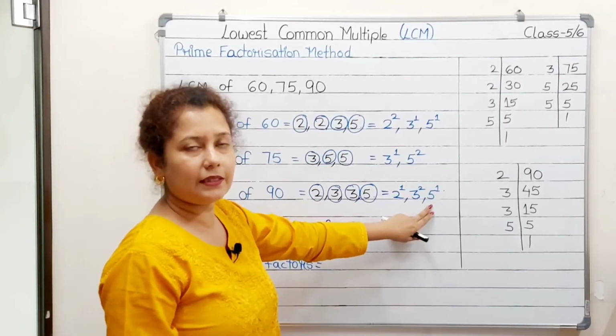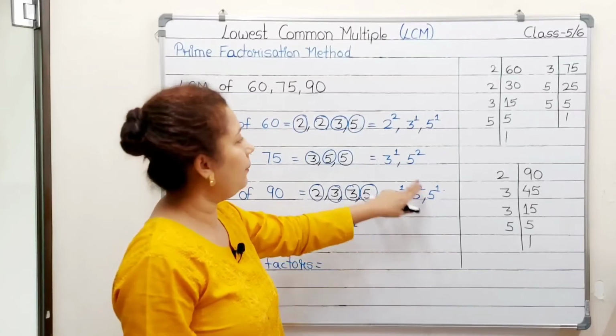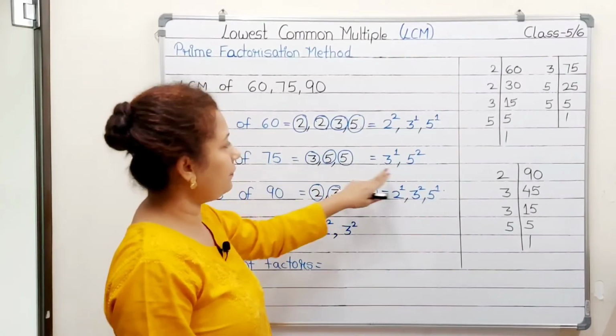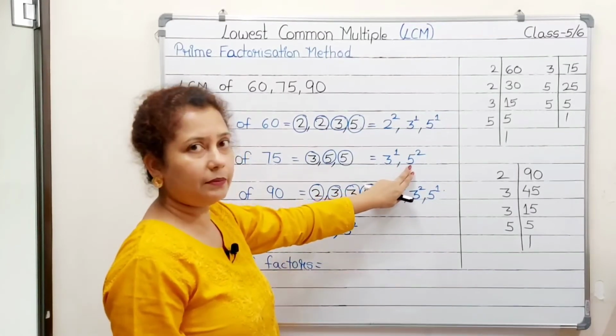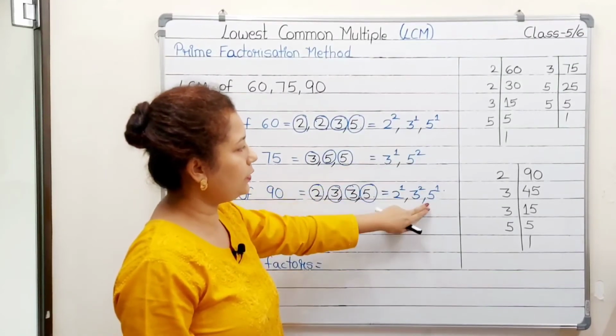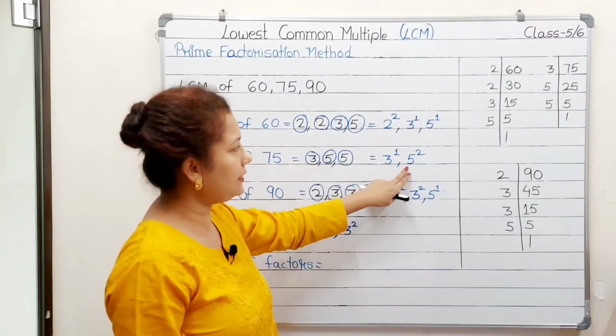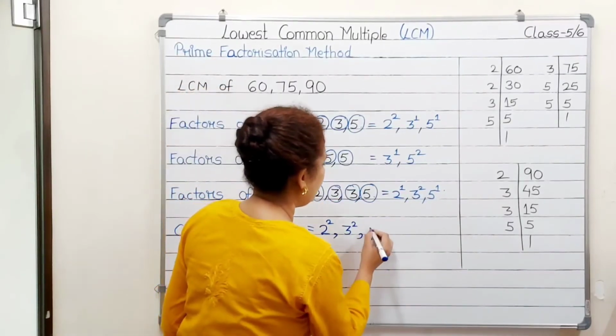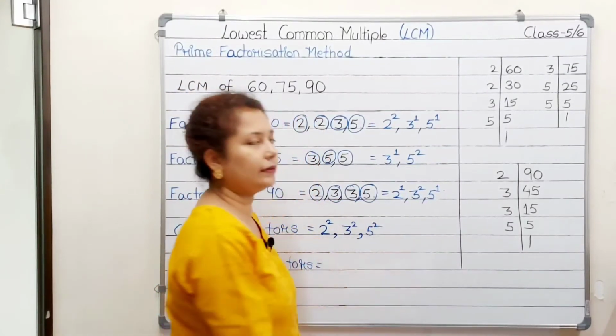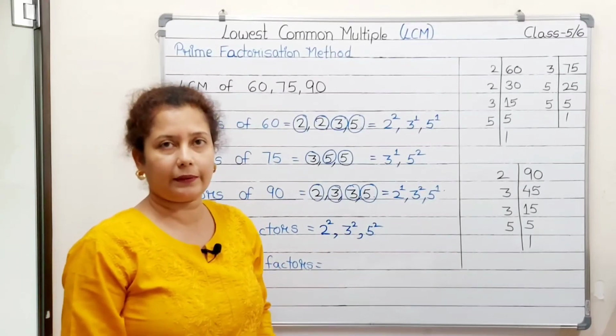Here 5 is present in all three numbers, but in 75 it is present maximum times, that is 2. In the rest 2 numbers it is present only 1. So we will take the maximum times, that is 2. So that is 5 raised to power 2. That means 5 2 times.